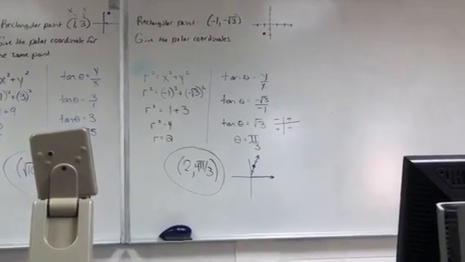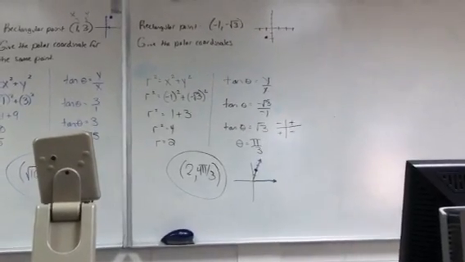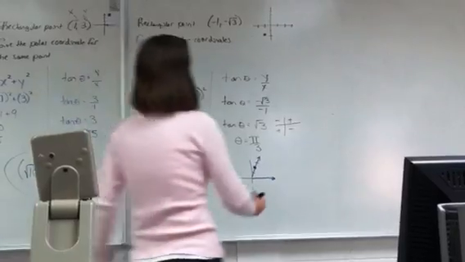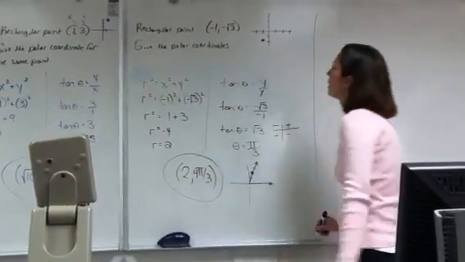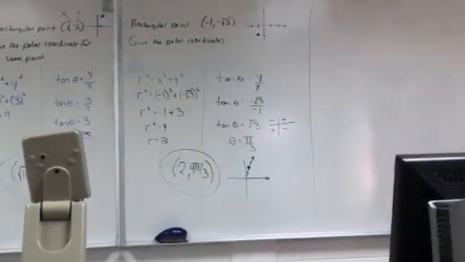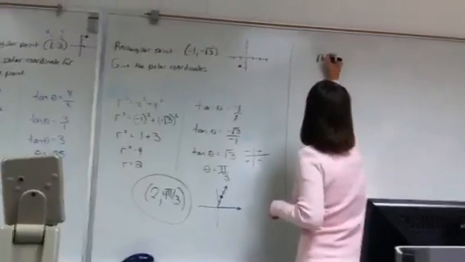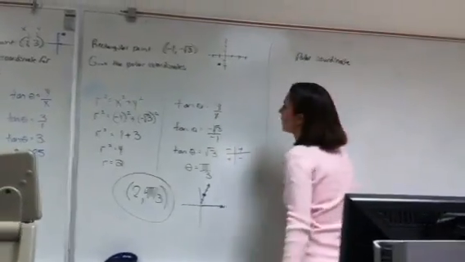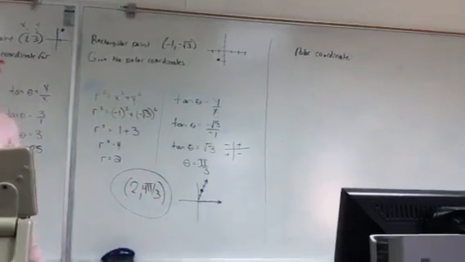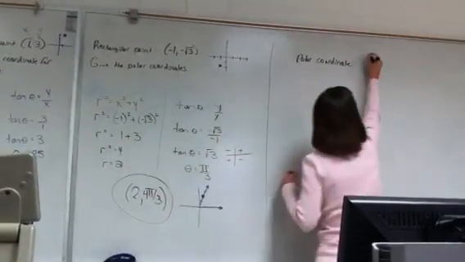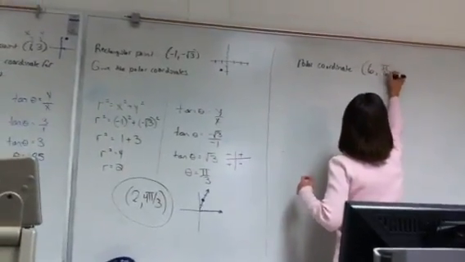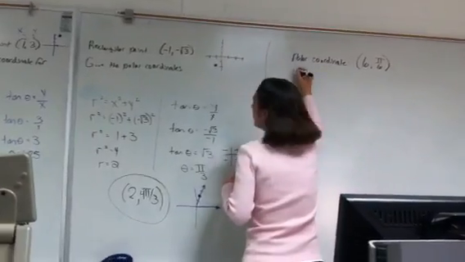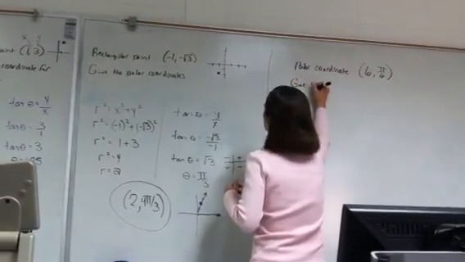All right. Okay, let's think about going the other way. All right, so that is, I give you rectangular, and you're giving me polar. So now let's think about if I give you polar, say 6 pi over 6, and I want you to give me the rectangular.